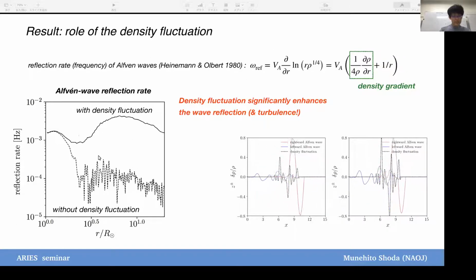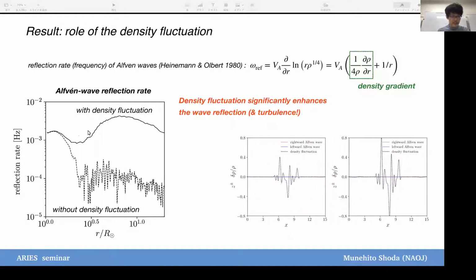And what is also shown by this black dashed line is the reflection rate without density fluctuation. In calculating this black dashed line, we have first smoothed out the density fluctuation in the solar wind and then calculated the reflection rate.